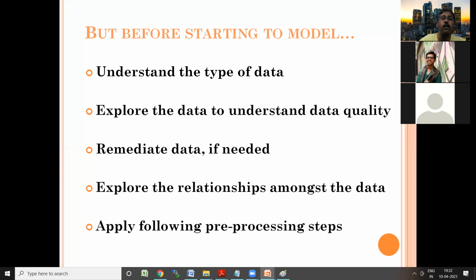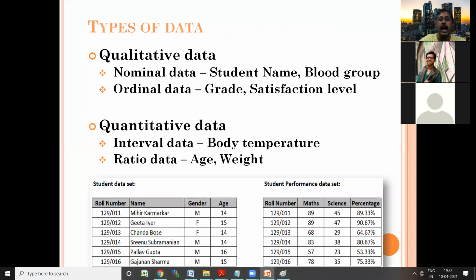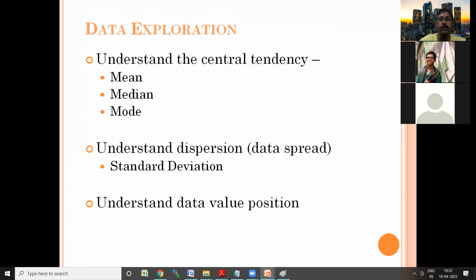So for doing all these things, we need to go for certain data exploration techniques, right? And the basic data exploration techniques that we use in machine learning come from statistics. They are directly concepts from statistics.